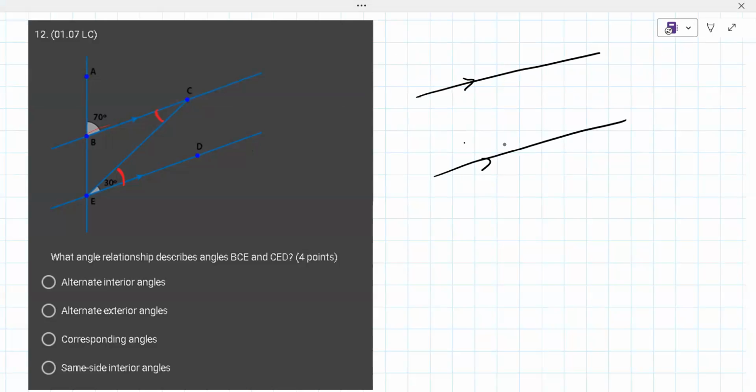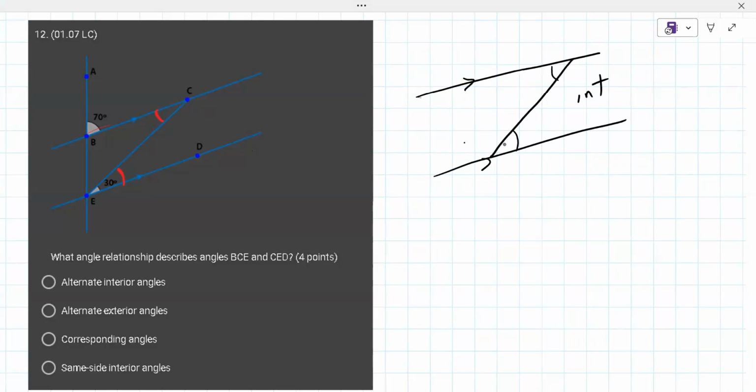Those little arrows mean parallel, and then it's cut by what's called a transversal. We looked at some of this, I think yesterday, maybe the day before. Any idea what these are called? Do you remember any from a previous lesson? Same side interior angles.